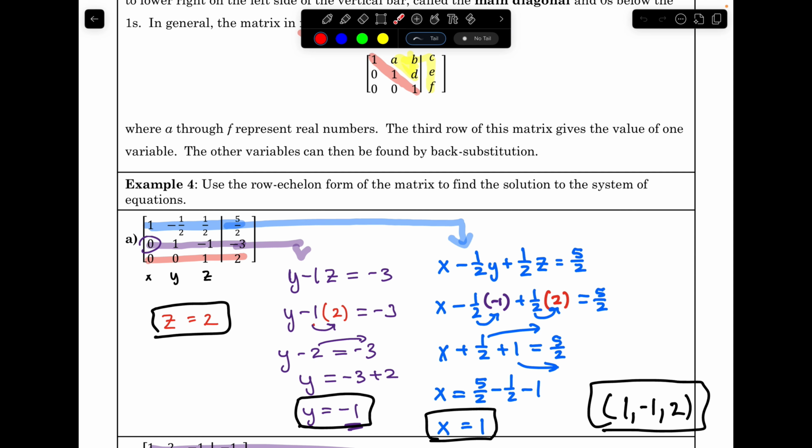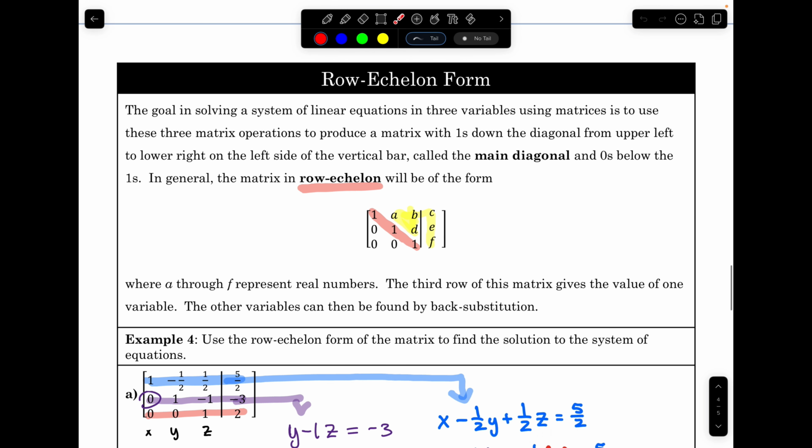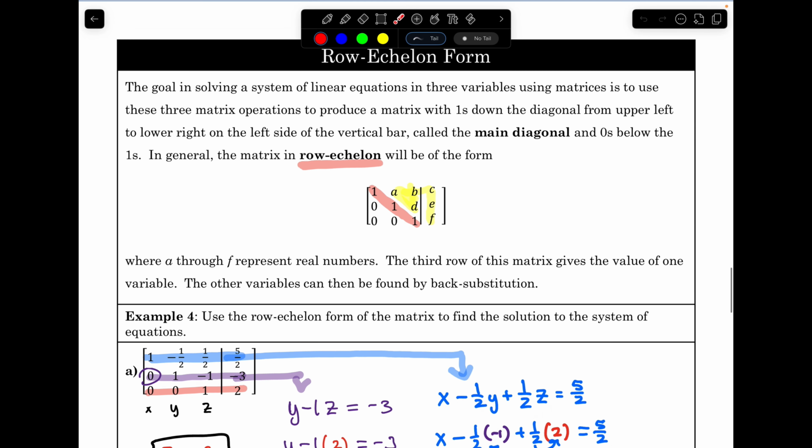And do the exact same thing using row 1, which is this equation here: x minus 1/2 y plus 1/2 z equals 5/2. I can replace the y value and the z value with 2. And that is referred to as the Gaussian elimination operation, using these row operations to create this row echelon form of the matrix.